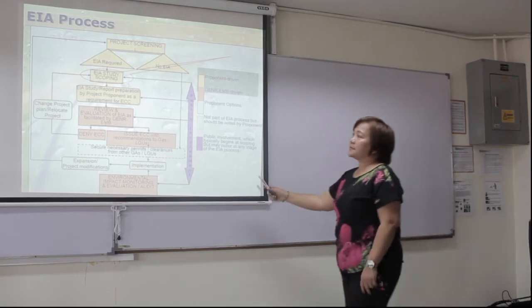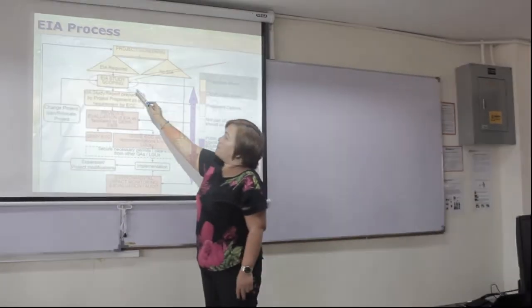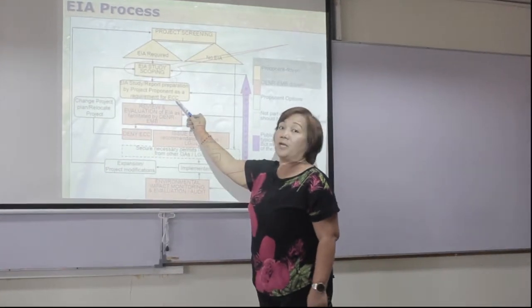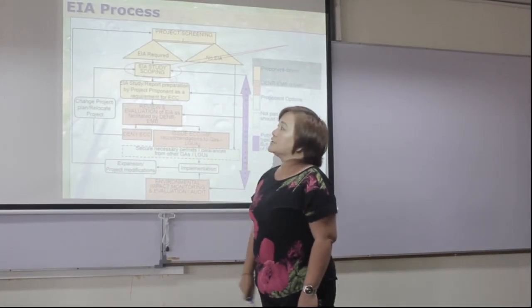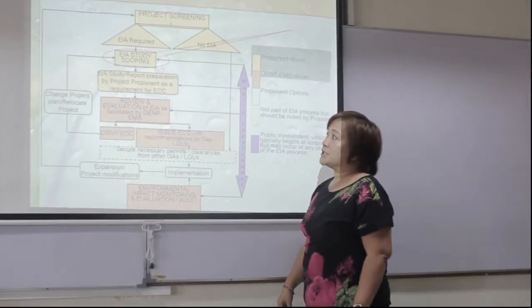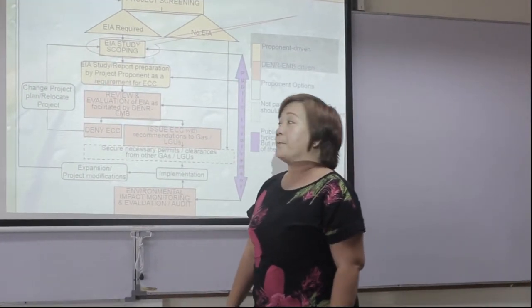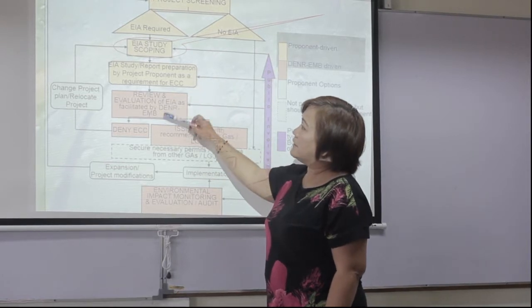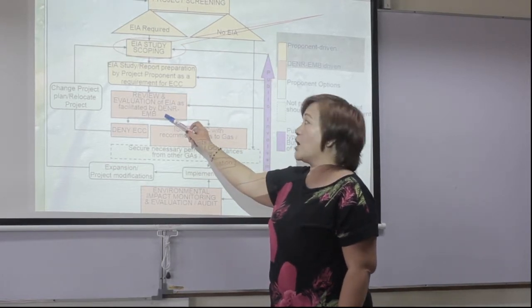Okay, now going back to the process, after scoping, what we need to do is prepare the report. So we'll discuss later the different components of the report. Now, assuming that you have prepared already the report, it must be evaluated by the government, the DNR.